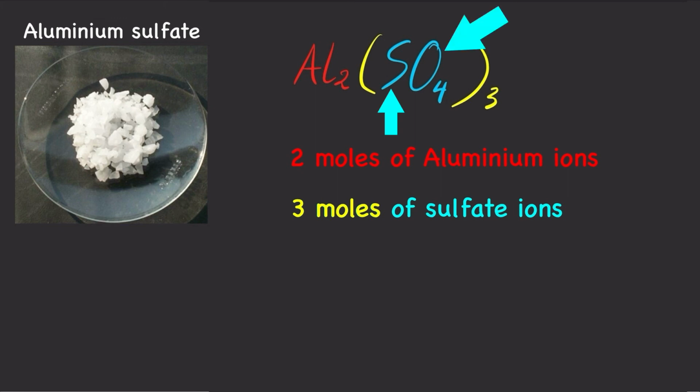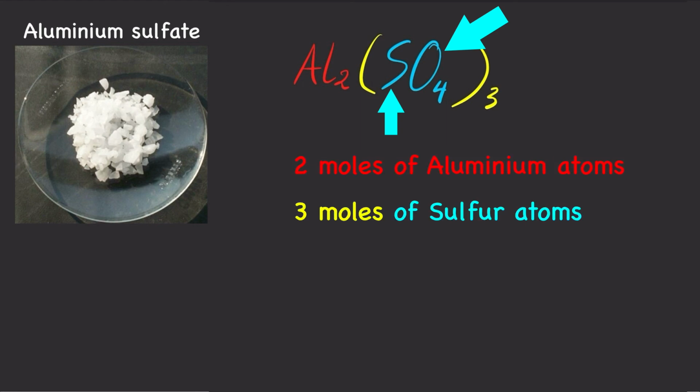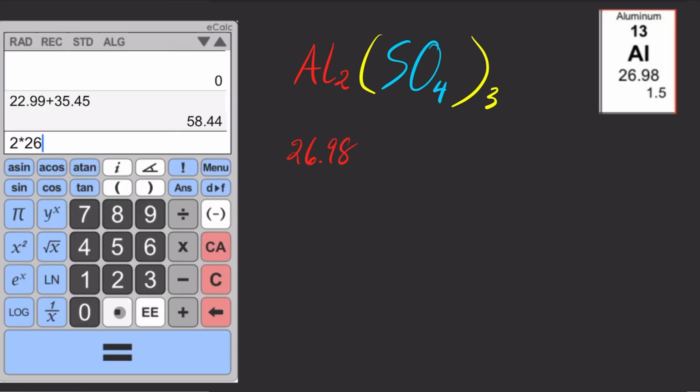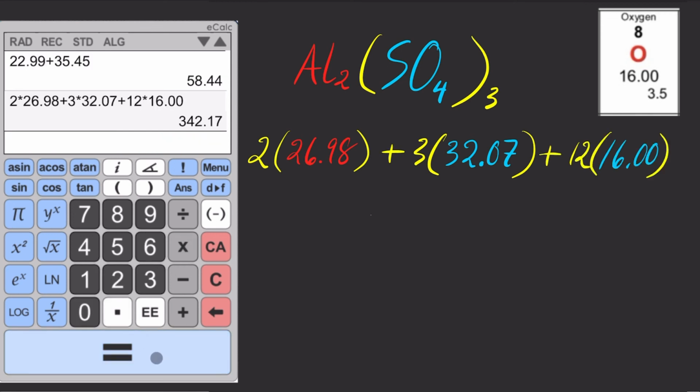Therefore, 1 mole of aluminum sulfate would have 2 moles of aluminum atoms, 3 moles of sulfur atoms, and 12 moles of oxygen atoms. So to find the molar mass of aluminum sulfate, we add the mass of 2 moles of aluminum atoms, the mass of 3 moles of sulfur atoms, and the mass of 12 moles of oxygen atoms, which is 342.17 grams per mole.